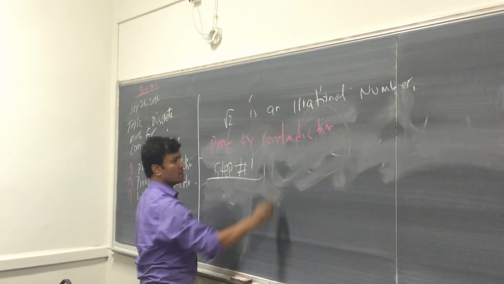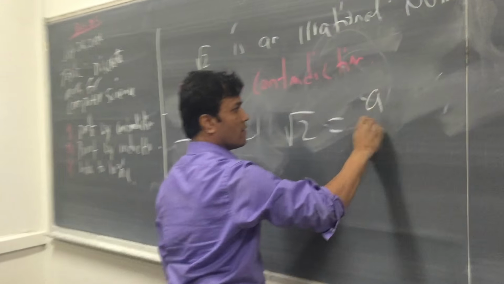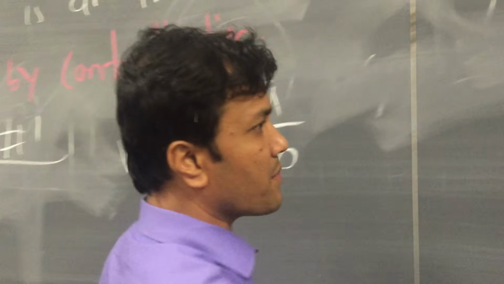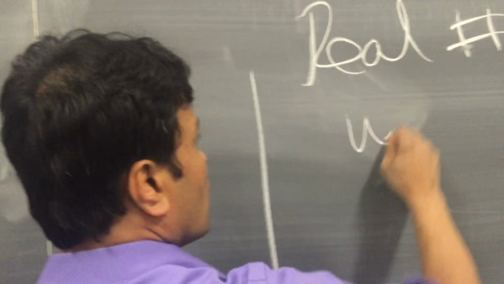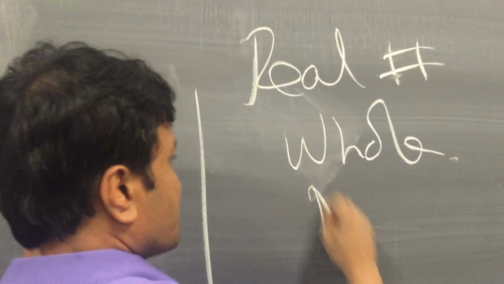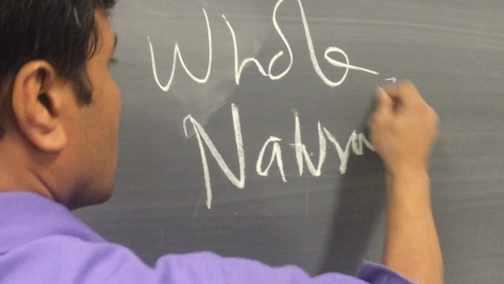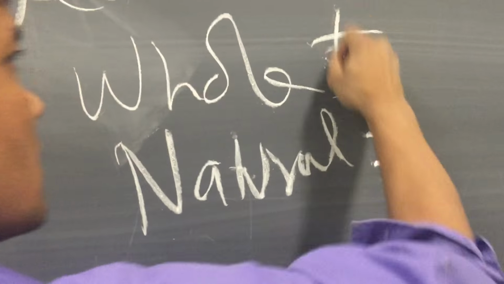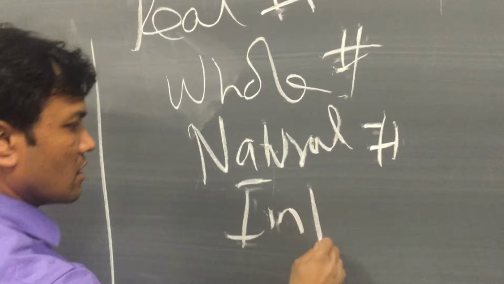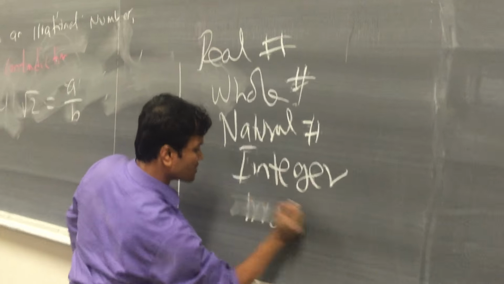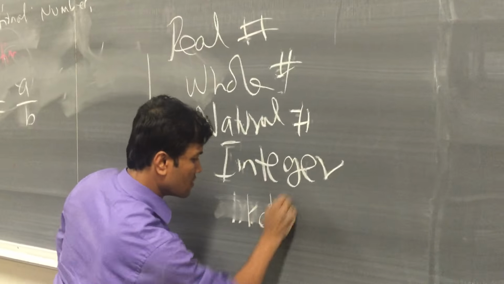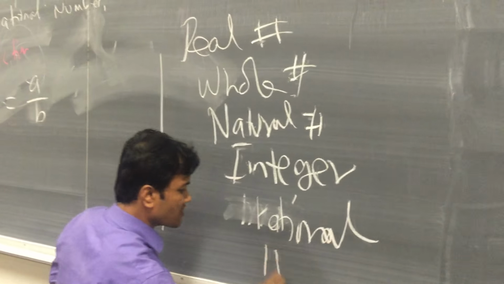We're gonna write the square root of 2 is a over b. Why would you write a over b? Because of all the real numbers: whole number, natural number, integer, rational, and irrational.